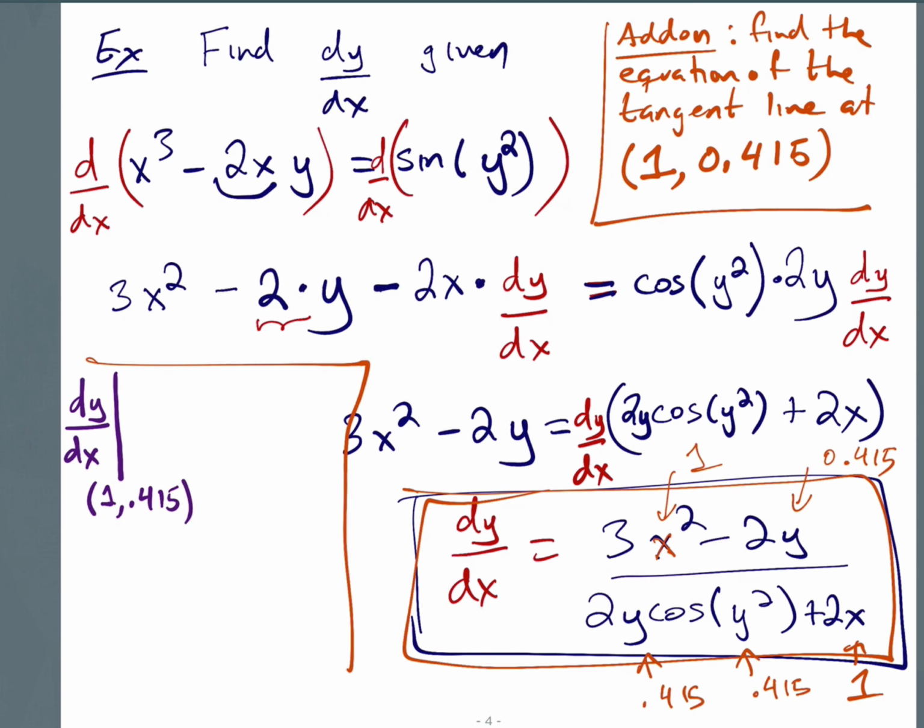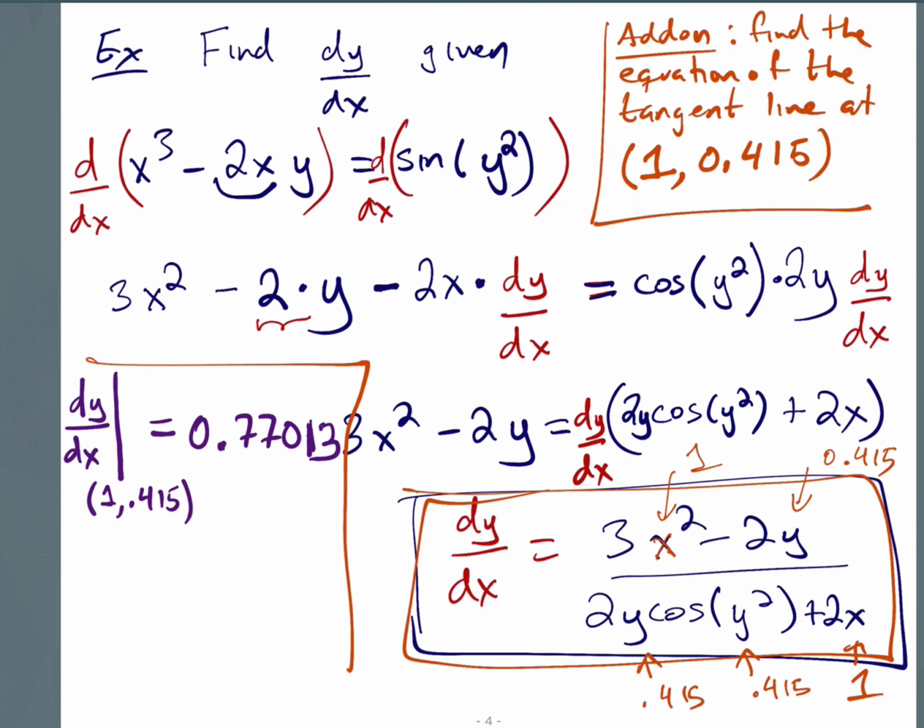Dy over dx, evaluate it at 1, comma 0.415. Have you guys ever seen that notation? Probably not, right? So it's important. Good to know. Okay, so what is it? 0.77013. We'll do 5 decimal places. That'll be good. Okay, and then after that, then what do we do?